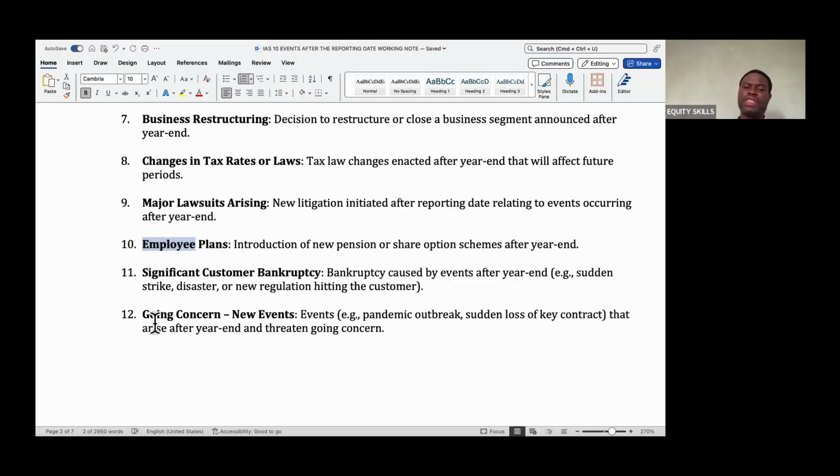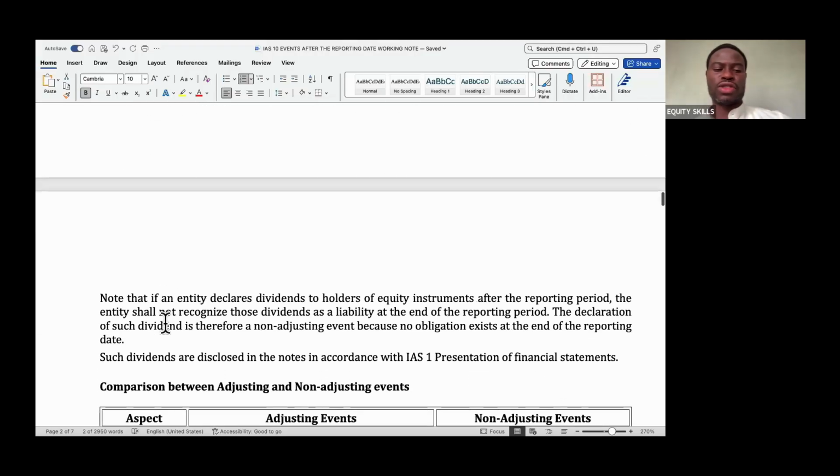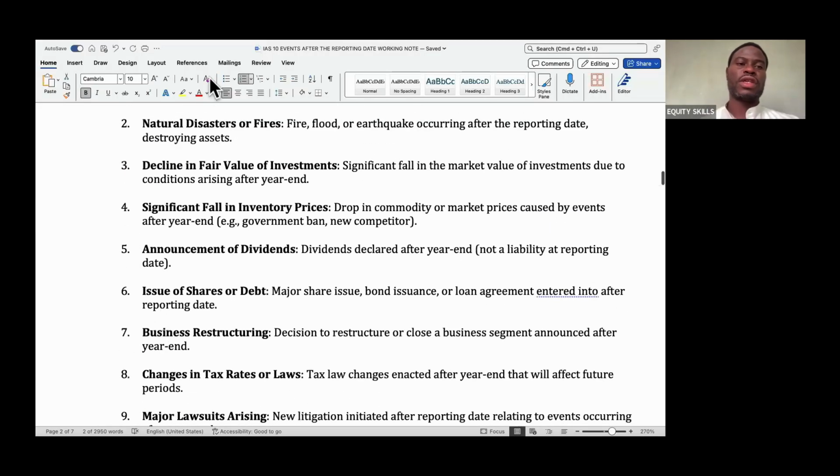But if new events like a pandemic or we lost a key government contract are what is affecting our going concern, then that is a non-adjusting event. New events, new transactions, new happenings. These are non-adjusting events.